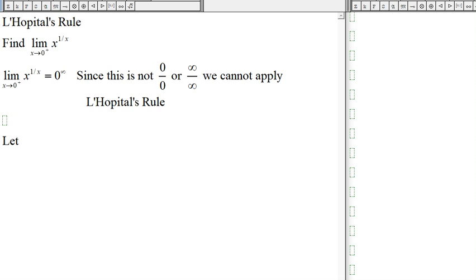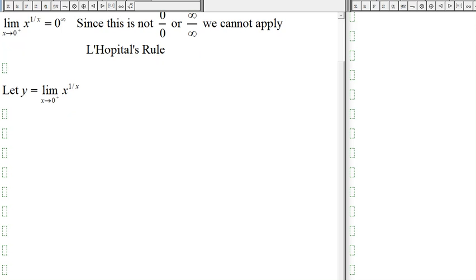And so what we can do is let y equal this whole thing right here. And then take the natural log of both sides, and we get the limit of this.